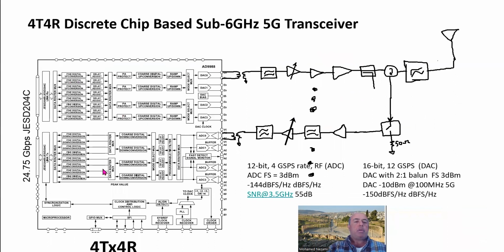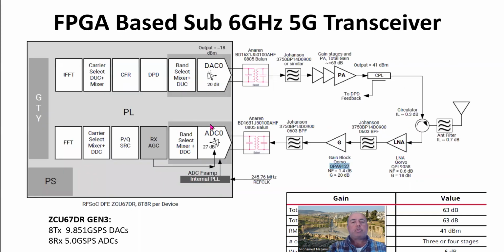And the same thing, all these functions are included in here, including, of course, the power amplifier pre-distortion. That's where we feed the output of the PA back into a dedicated receive path for this, or we could multiplex the signal into this receiver so we can do linearization prior to going on air.